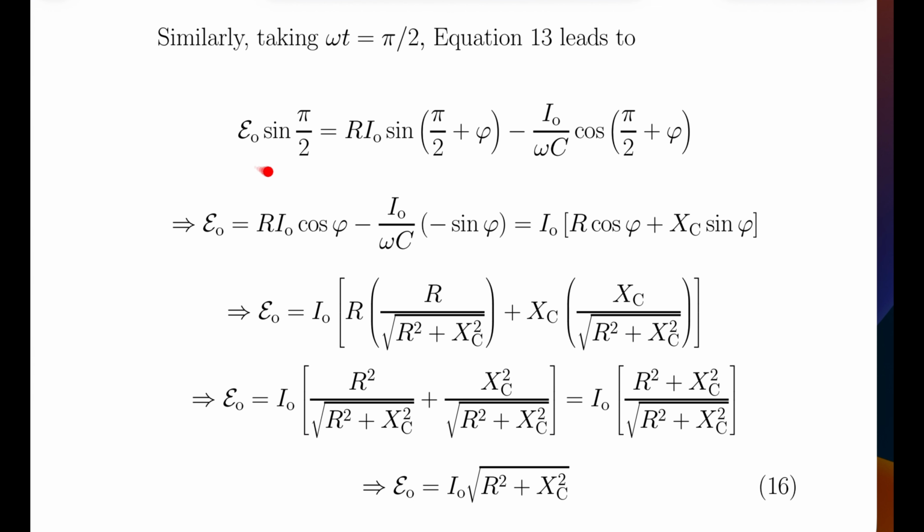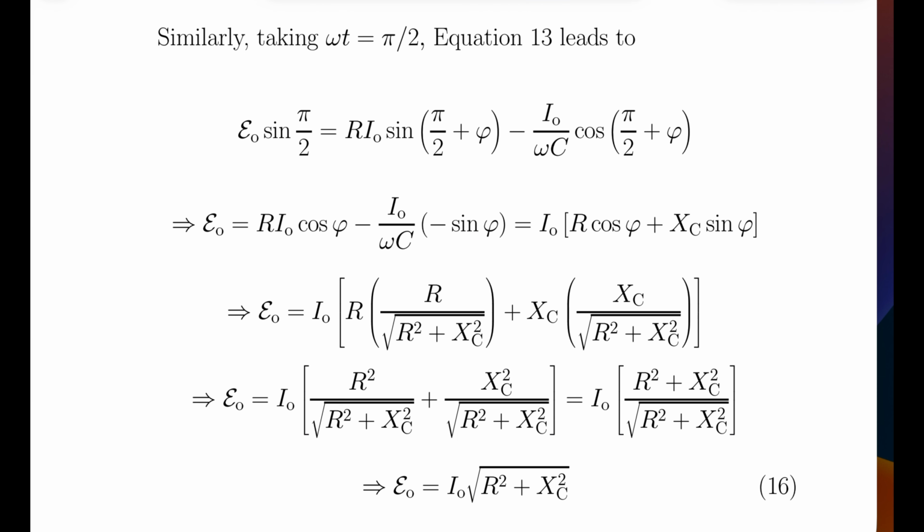So this term gives you simply E naught. Sin 90 plus phi is cos phi. Minus I naught upon omega C, cos 90 plus phi is minus sin phi.